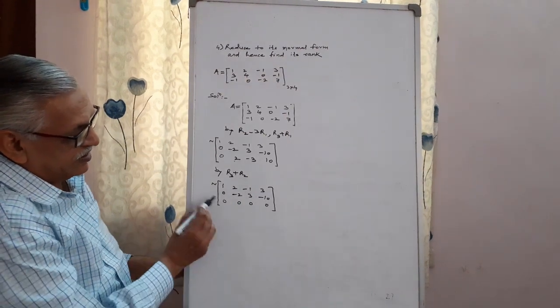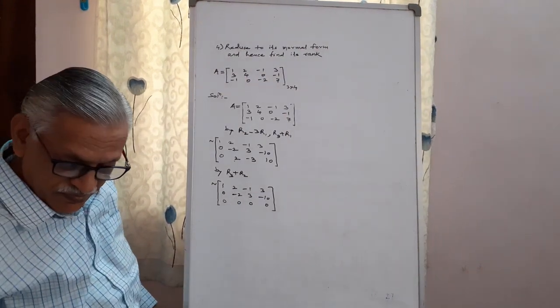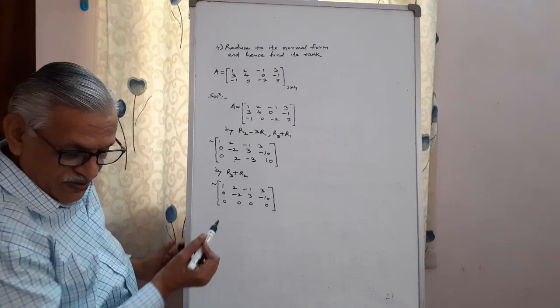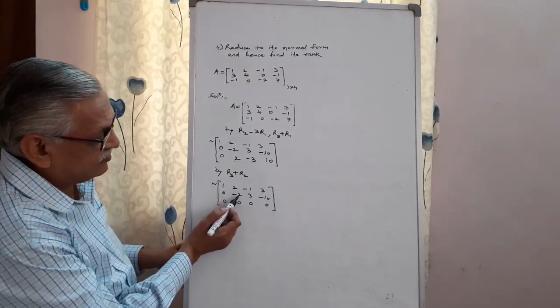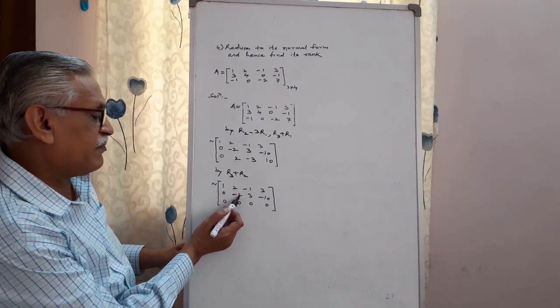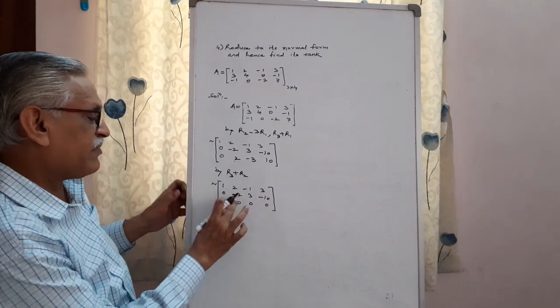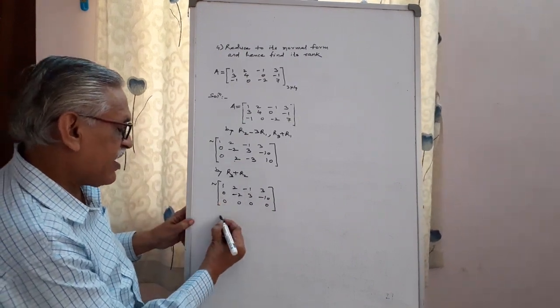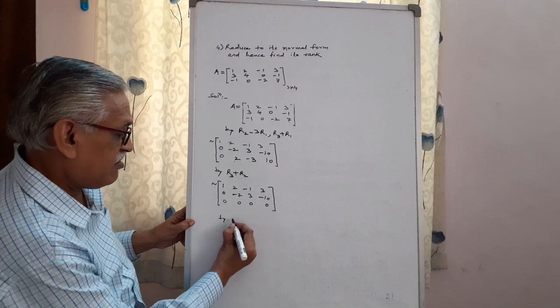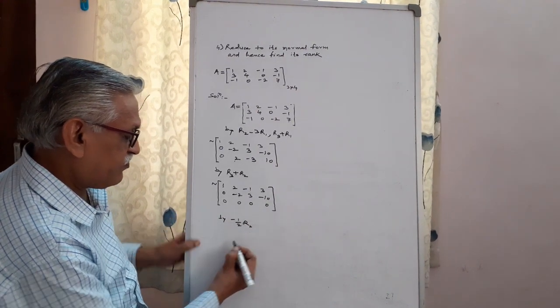Okay, then make the second diagonal element 1. How can we make it 1? By minus 1 by 2 times R2.